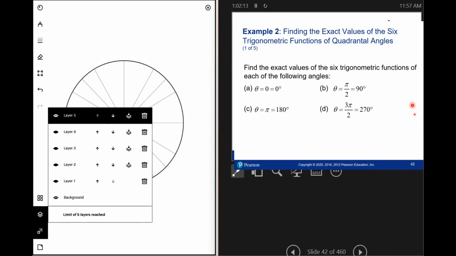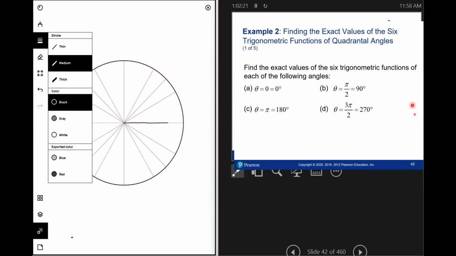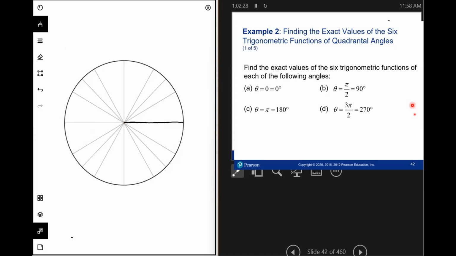Darken the previous layers. So the quadrantial angles, I think I already did this, right? Where we talk about this angle here. This is 0 degrees or 0 radians.